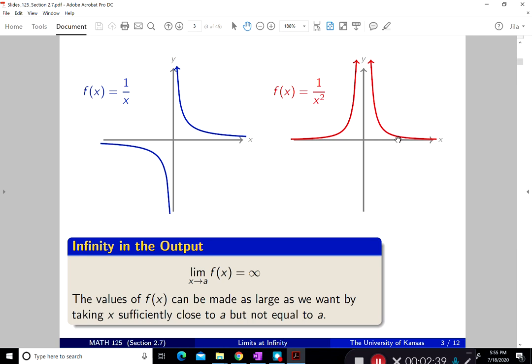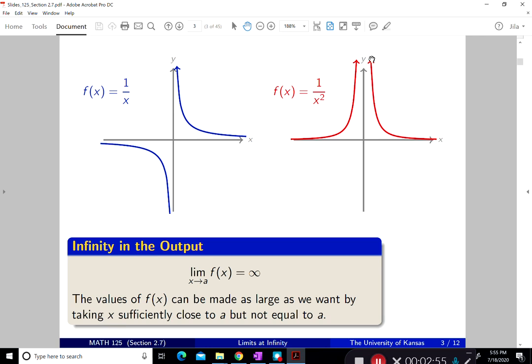If you go to a very, very small x value, then you can see that as x gets smaller and smaller, the y gets bigger.